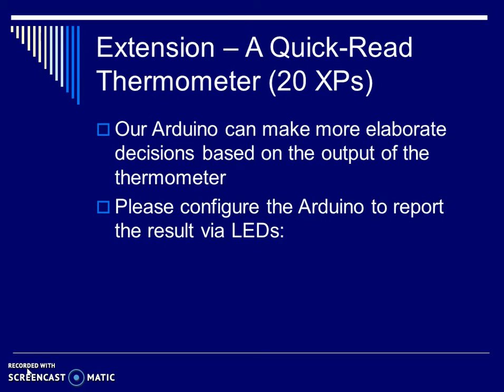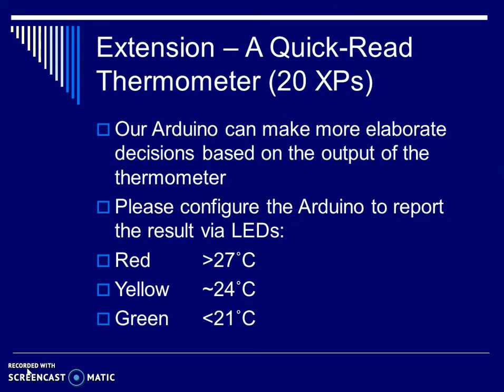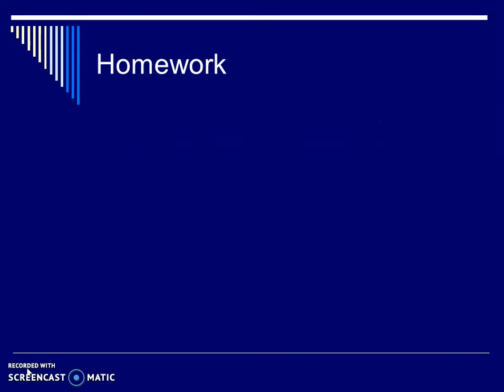So we'll configure the Arduino based on the Celsius temperature, make it red if the temperature is greater than 27 degrees, yellow at 24, and green if it's less than 21, which isn't terribly likely in this classroom. Okay, so go ahead and breadboard that up and show me when you've got it running.